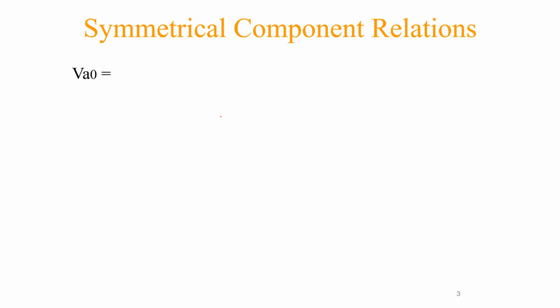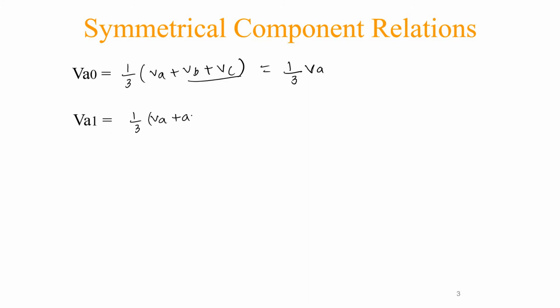Now the symmetrical component relations: VA0 is equal to 1 by 3 times VA plus VB plus VC, and we know VB and VC are equal to 0. So this will be equal to 1 by 3 VA. Similarly, VA1 is 1 by 3 times VA plus aVB plus a squared VC. Here also the terms VB and VC will be equal to 0, so this will be 1 by 3 VA.